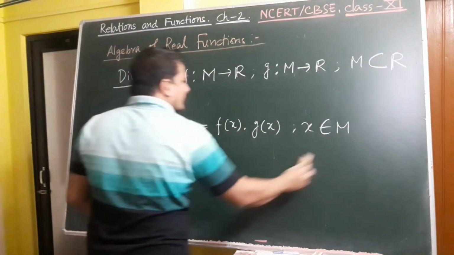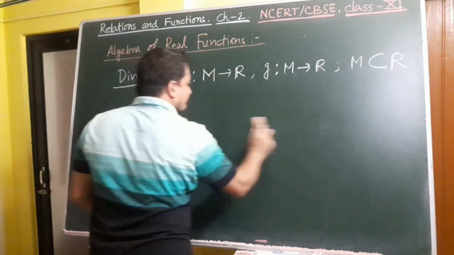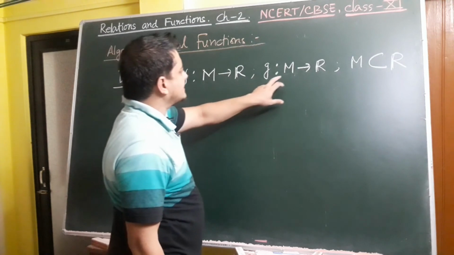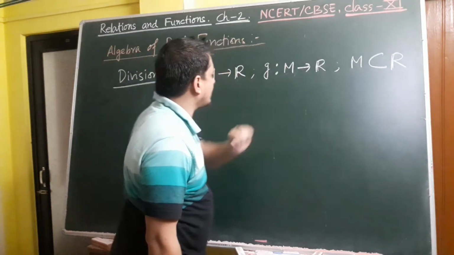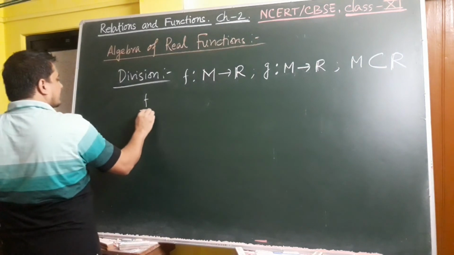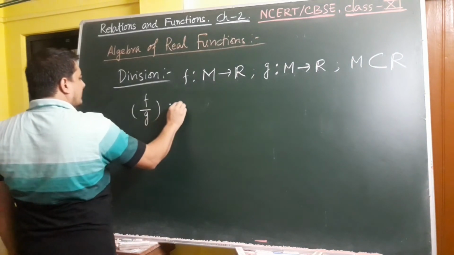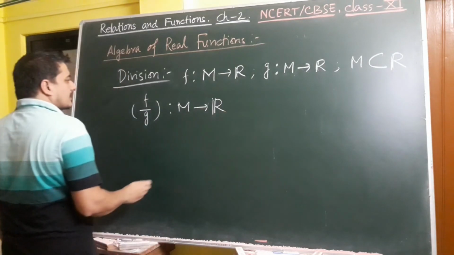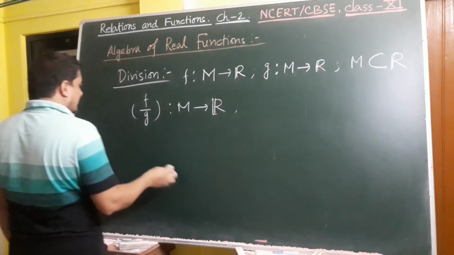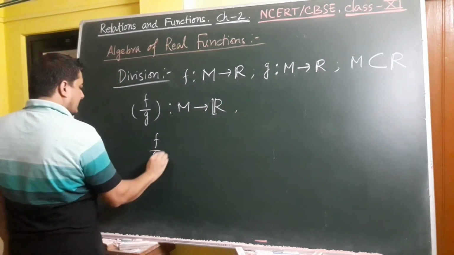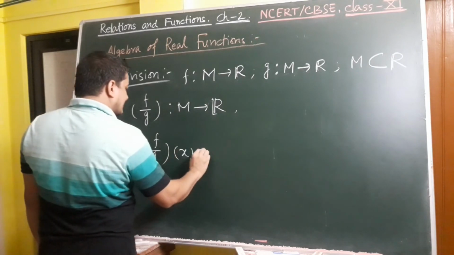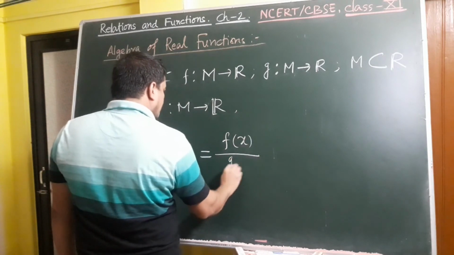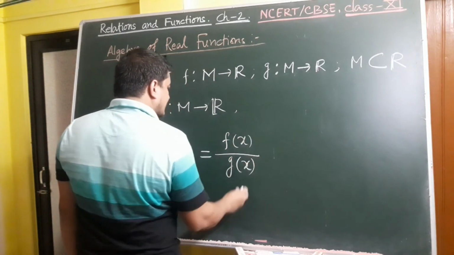Suppose f is a real function from M to R, g is a real function from M to R, and M is a subset of R. Then f by g from M to R can be written as (f/g)(x) = f(x) by g(x).